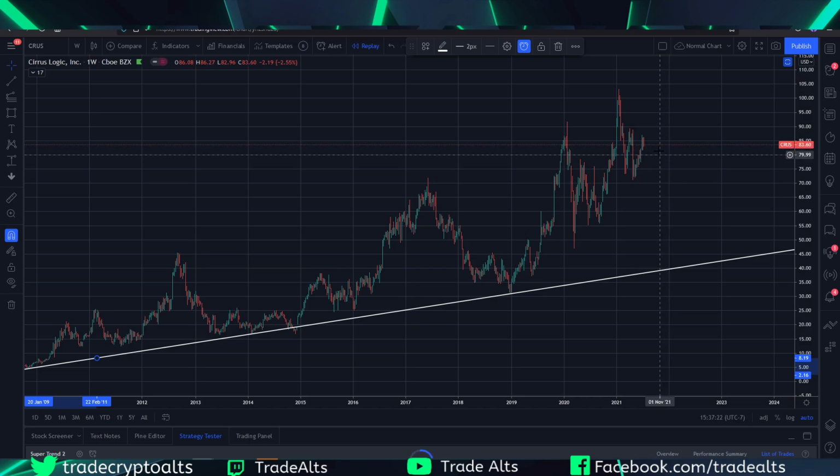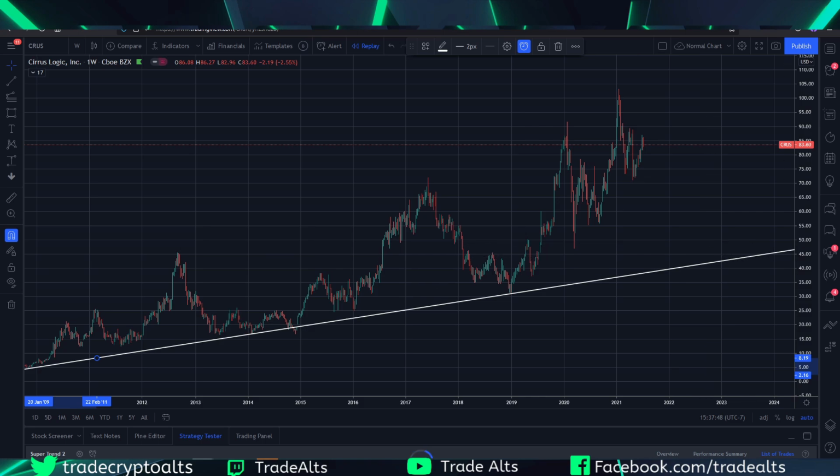I don't know how likely it is for CRUS to move down to this trend line within the next couple of months, but if you have the premium plan on TradingView, it never expires. Anyway, the next time that price comes down to this trend line, wherever in the future that is, because obviously it's ascending at a pretty good clip, I definitely would want to be notified because yet again it could offer a nice trade.